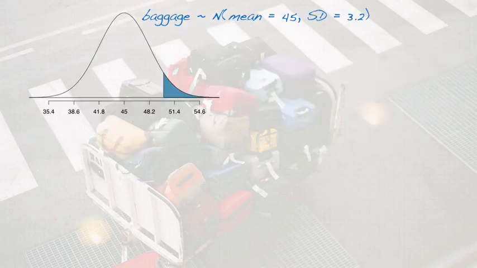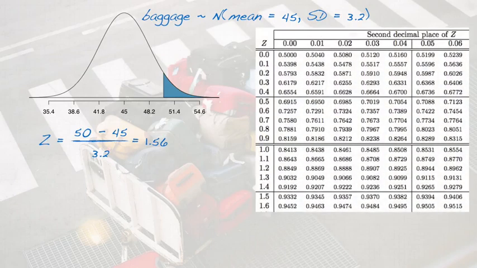We can also do this calculation by hand using z-scores and the normal probability table. For that, the first thing we need to do is to calculate our z-score as the observation 50 minus the mean 45 divided by the standard deviation 3.2, which gets us to a z-score of 1.56. Then we refer to our table, locate 1.5 on the row and 0.06 on the column, and a z-score of 1.56 then corresponds to the value at the intersection of these, 0.9406.